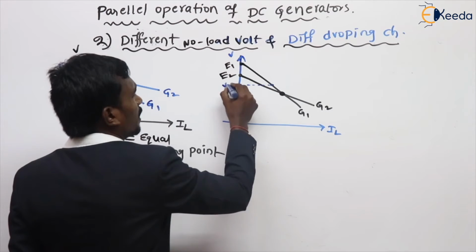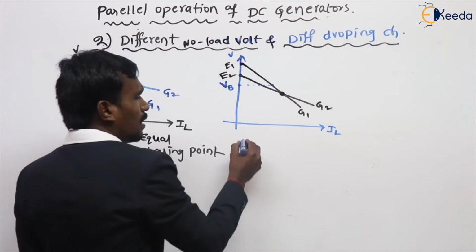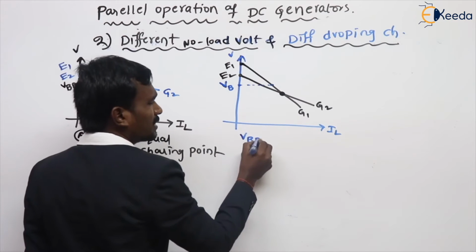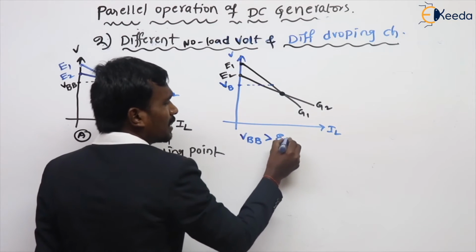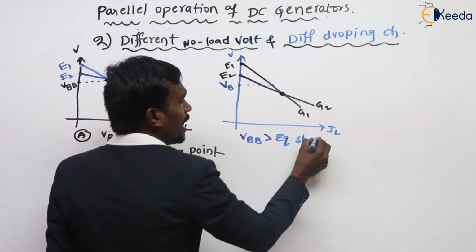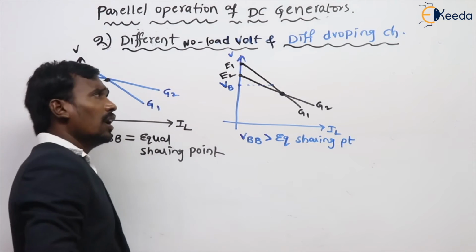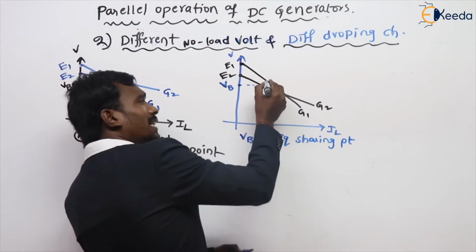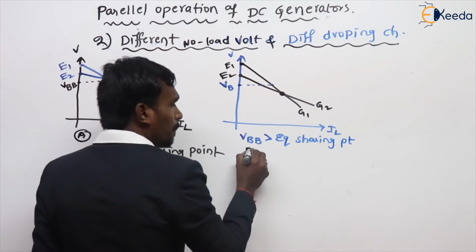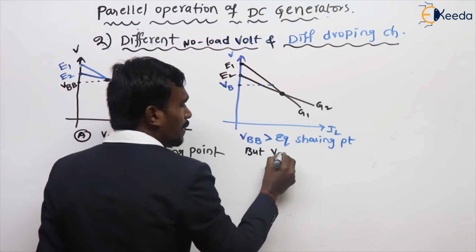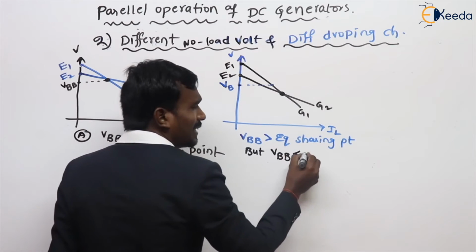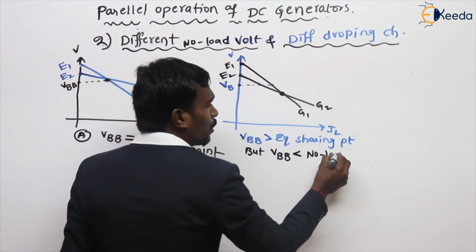This is my bus bar voltage. My bus bar voltage is greater than the equisharing point. Are you okay? The bus bar voltage is greater than the equisharing point, but the bus bar voltage is less than the no load voltages.